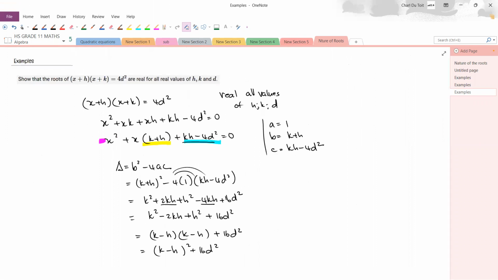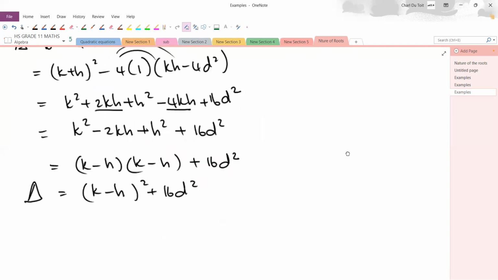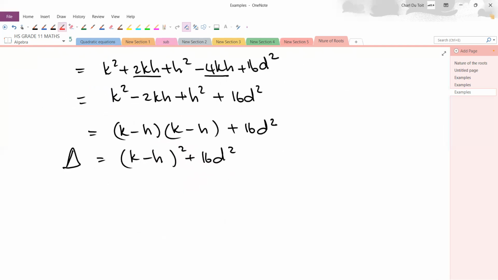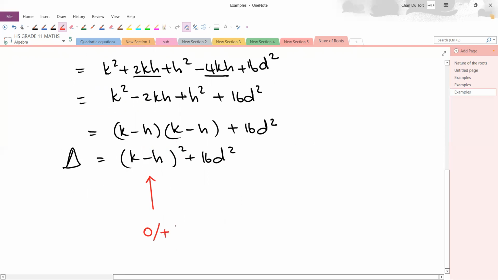Why? I need to prove that it's always real. Those values always exist. And I've actually just proven it. Why? Look at this answer again. It doesn't matter what value I put into k or h's place. If I square it, it can either be a 0 or a positive value. It doesn't matter what value I put in d's place.